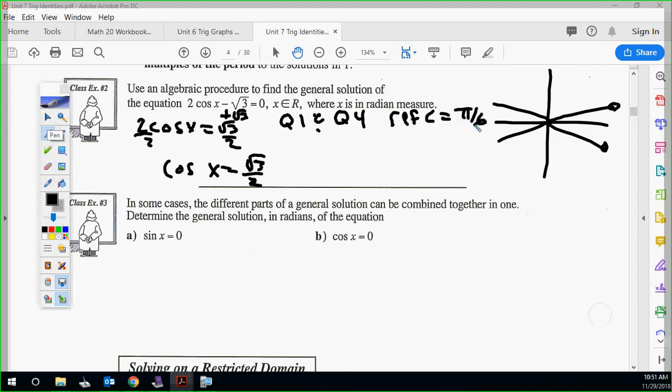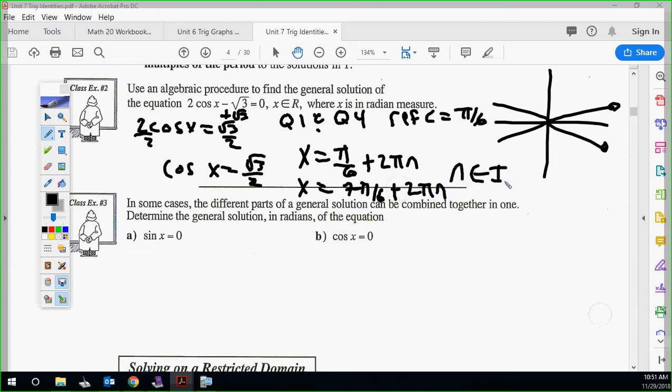So our 2 answers are x equals pi over 6 plus 2 pi n, x equals 7 pi over 6 plus 2 pi n, and n is an integer. That's your general solution answer. 11 pi over 6, yeah, sorry. Thank you. 11 pi over 6. I don't know why I was thinking 7. 11. Almost 2 pi, just past 1.